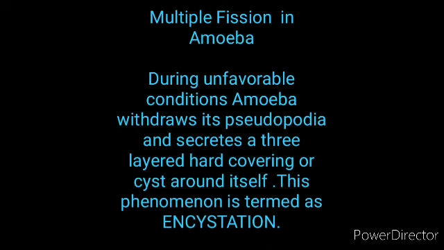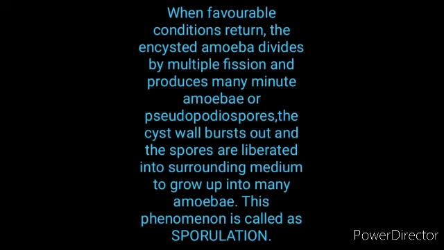Next we should discuss the favorable condition. In favorable conditions, this encysted amoeba divides by multiple fission into many daughter organisms, producing many minute small structures. The wall bursts and the spores are liberated into the surrounding medium, and each spore grows into a small amoeba.